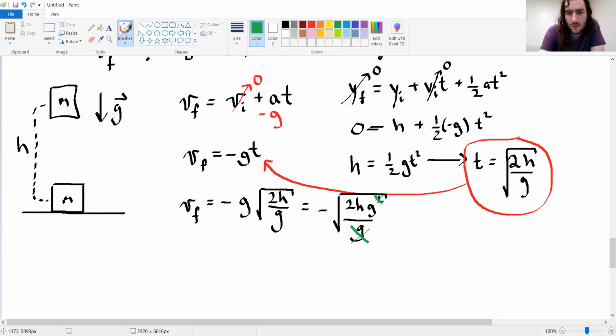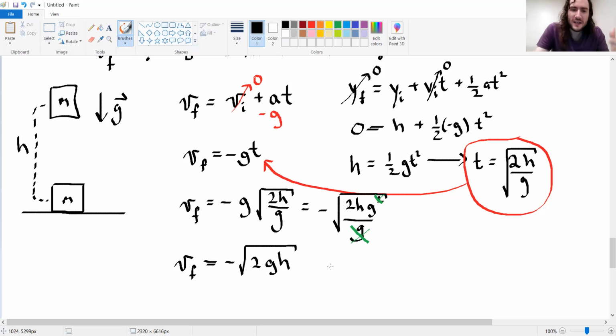Finally, we have that the final velocity is minus the square root of 2h times g. I think it's more commonly written as 2gh, so I'll switch the order there for you.